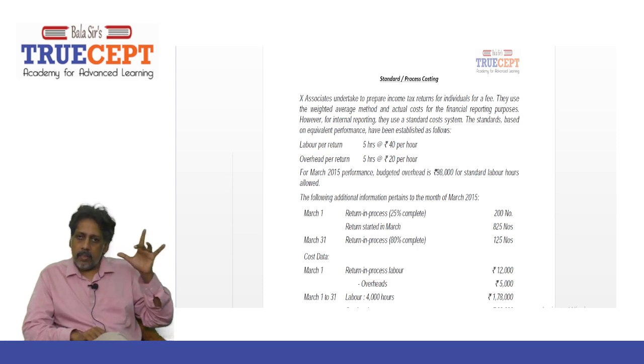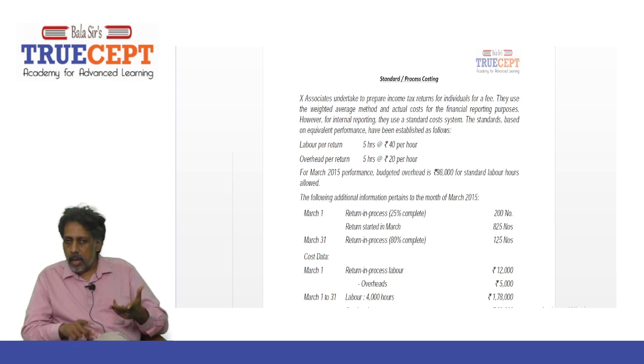These 5 hours of labor will also incur overheads at rupees 20 per labor hour. So 5 hours into rupees 40 and 5 hours into rupees 20 is the standard cost of filing one income tax return.